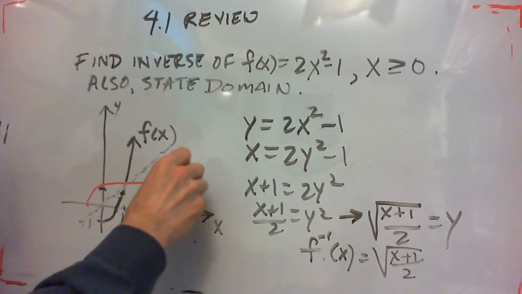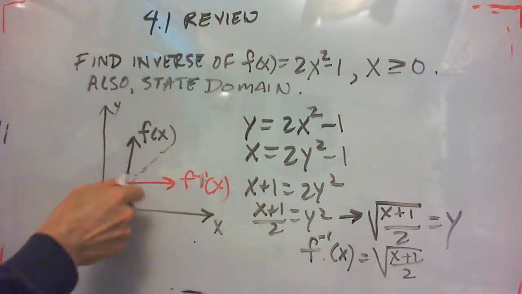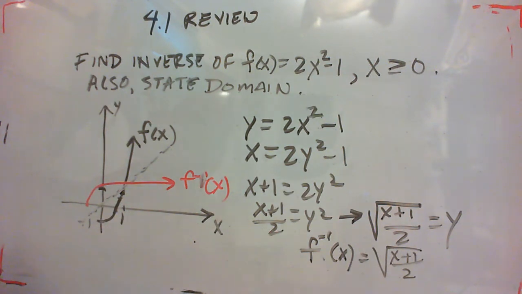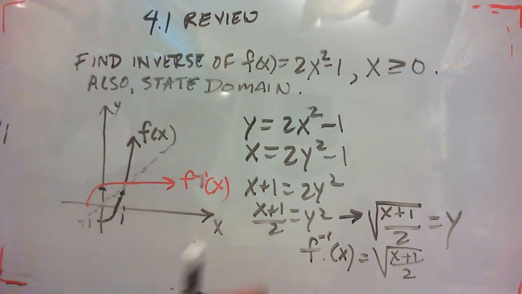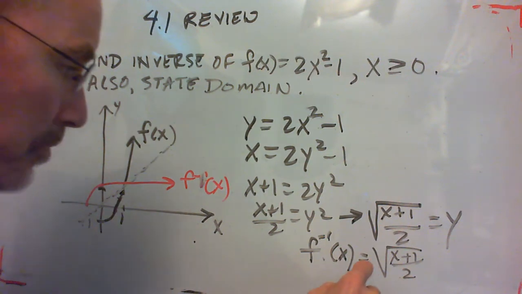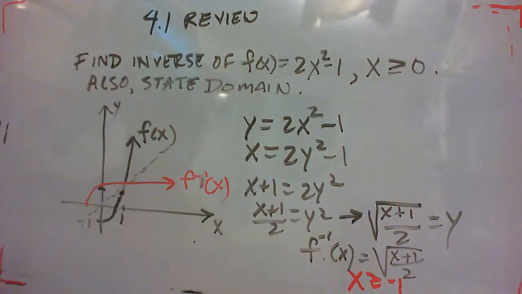So that's what the graph is going to look like. It's going to be a sideways parabola, and look where it starts. It starts at -1 and goes off to infinity, and that's what our domain ends up being. Domain is x greater than or equal to -1.